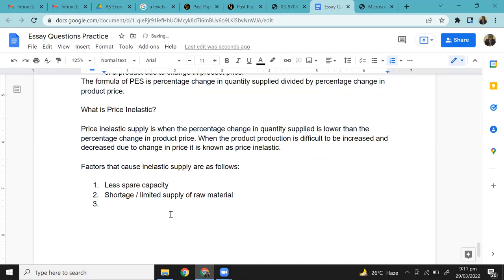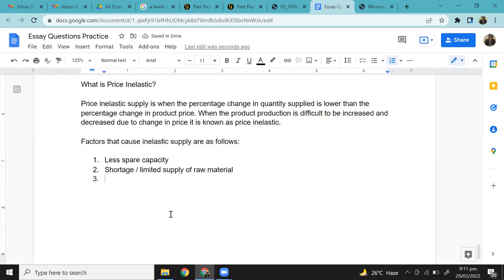Then complicated production, time it takes to produce a good, then locally versus imported product, and so on and so forth. This is making sense? Shortage of skilled labor could be, yeah. Shortage, limited supply of raw material or labor. Could be other resources as well.